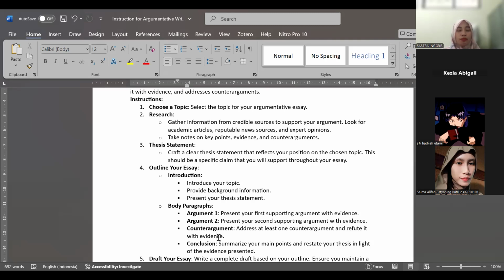Maybe belum ada yang meneliti tentang isu ini sebelumnya, misalkan. Atau sebelumnya sudah ada penelitian tentang ini, tapi ternyata buktinya kurang valid atau kurang mewakili, misalkan, ya, atau mungkin datanya kurang cukup.